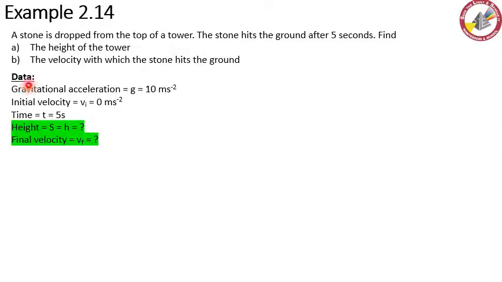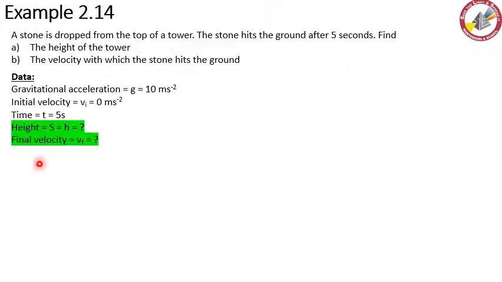So when the body is moving in vertical motion, obviously the acceleration is gravitational acceleration, and when we are dropping the body from the height, its initial velocity is 0 and it has some final velocity.